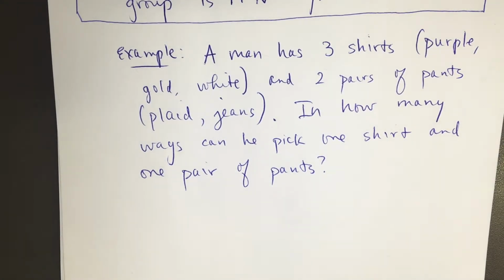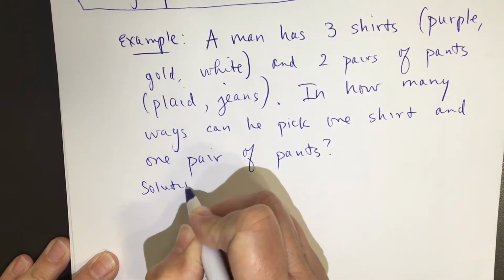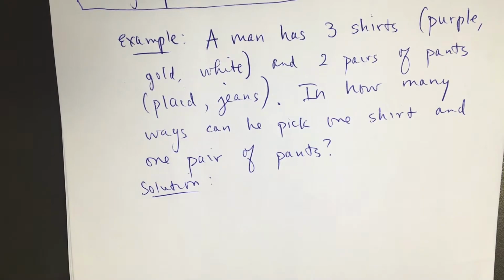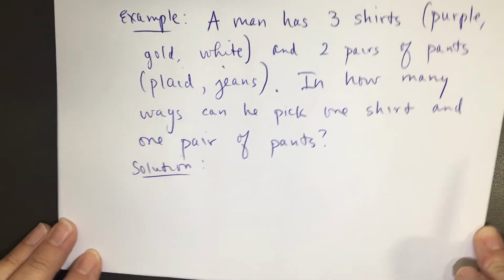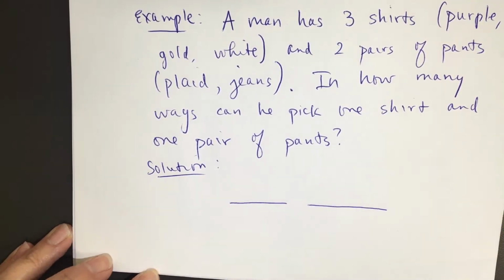And by the time I wrote the problem, you've already solved it 10 times in your head, right? What's the answer? 6. So I'll write solution. You're going to hear me call these blank problems. If I say this is a blank problem, it means we're going to set up some blanks.